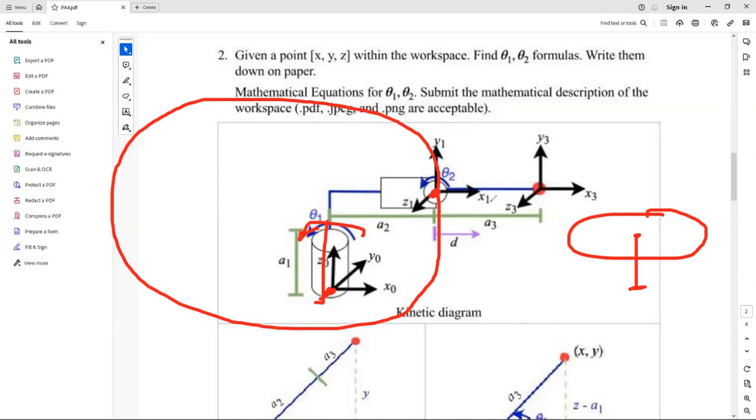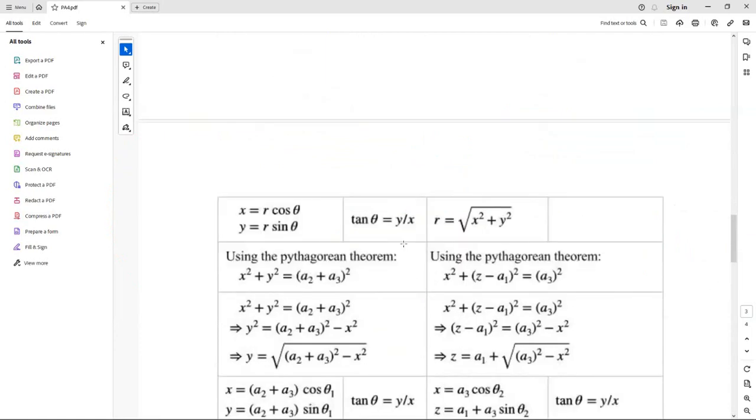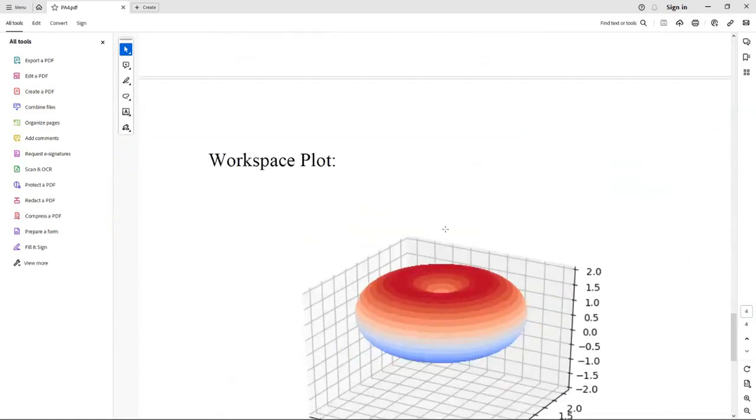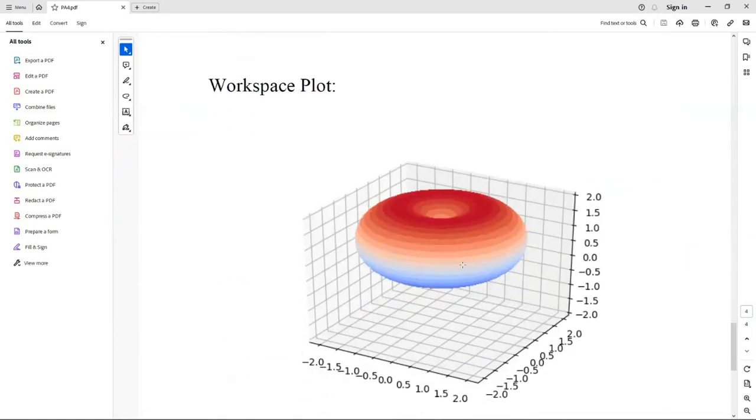Because of that, second, you actually have the rotator, which is essentially a certain length. So you make a circle around it. For each point, you make a circle around it, and then you go 360 degrees. Eventually, the workspace becomes donut-shaped. Stop here.